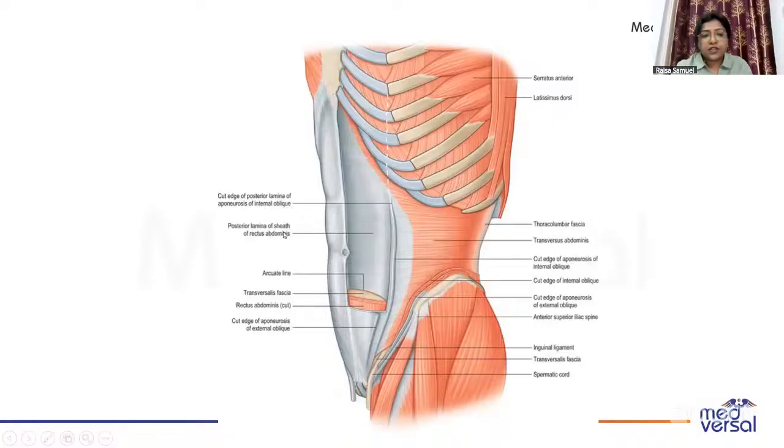This is the posterior lamina of the rectus sheath. This is the arcuate line. Here is the arcuate line. And behind that is the transversalis fascia. This rectus abdominis muscle, which runs vertically, is cut here, and this is the cut edge of the external oblique aponeurosis here.